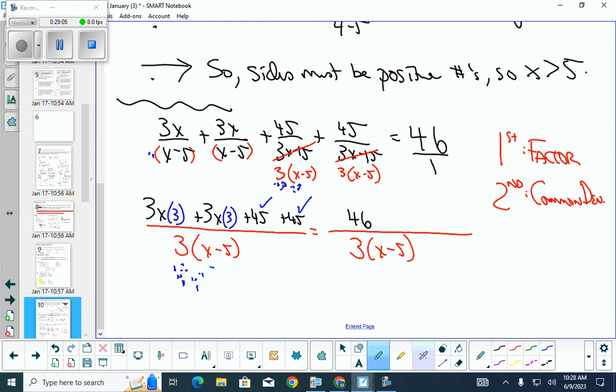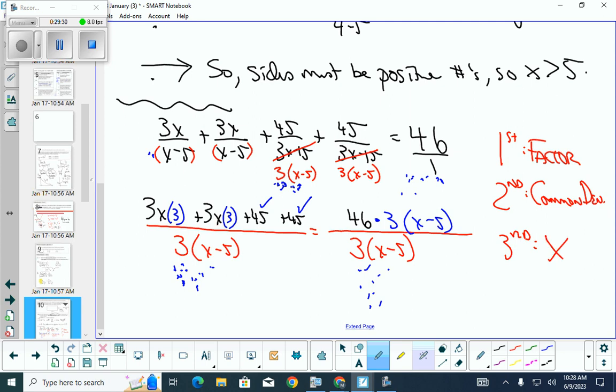The 46 over 1. This is a 1. It now says 3x minus 5. What do you notice? It's missing everything. So I need the 3 and I need the x minus 5. Right? I need everything. The third step will always be your favorite.